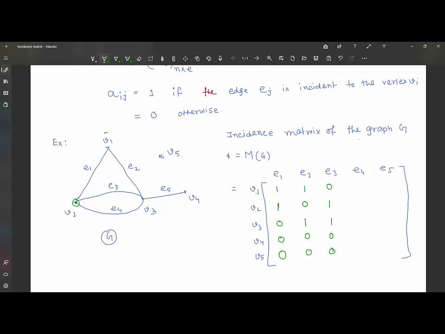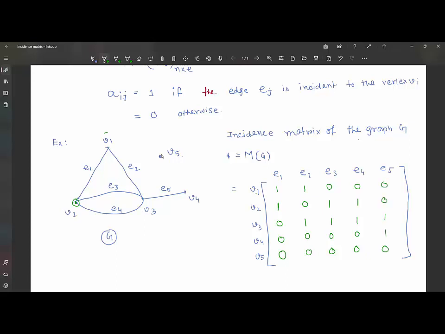Also E4 is a parallel edge, and in this E4 we will put the same values, V2 1 and V3 1 and the others as 0. And in E5 you can see that we will put 1 in place of V3 and V4, because E5 is connected with V3 and V4, and put every other value as 0.